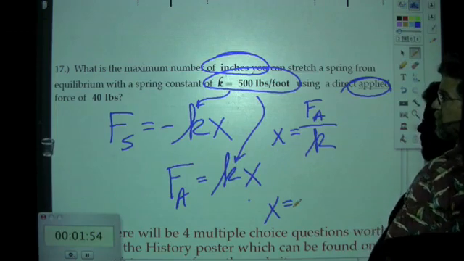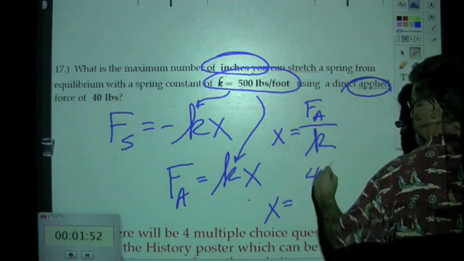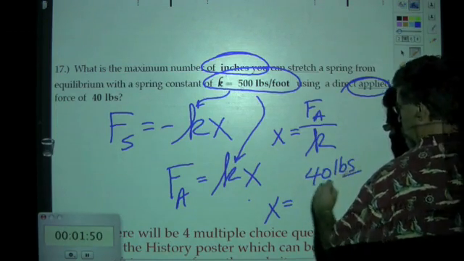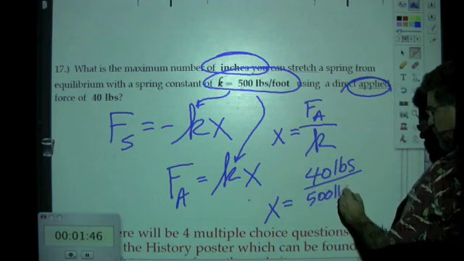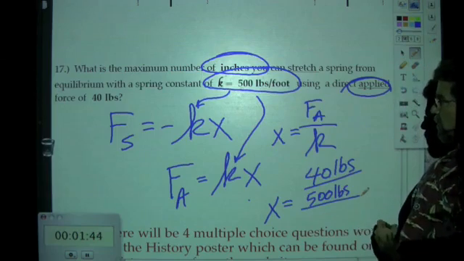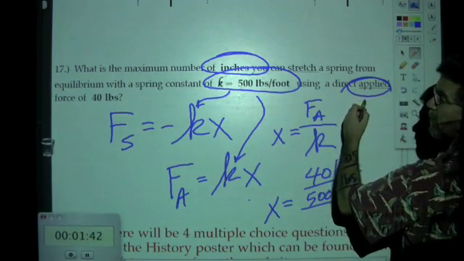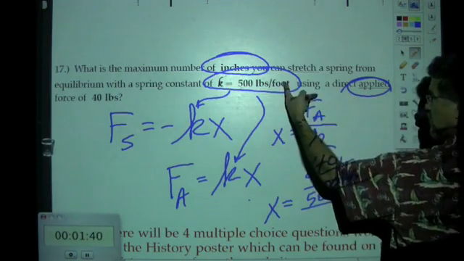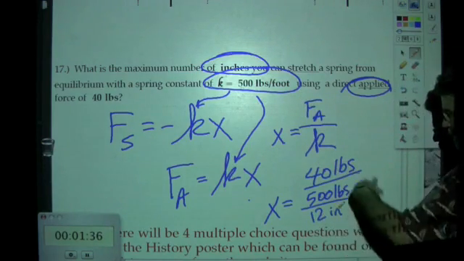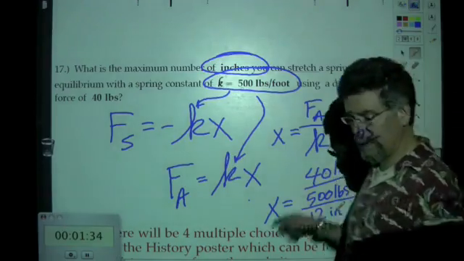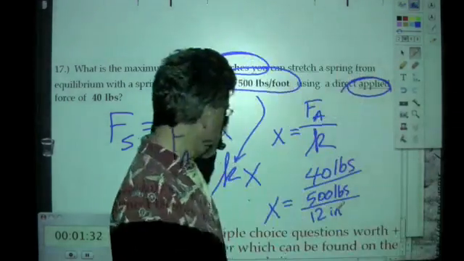Let's do it in pounds. So I have 40 pounds over my K is 500 pounds. That's going to cancel. And that's going to be over, and it says how many inches. And so let's do it in 12. That's a foot, so 12 inches. And it looks like when I do that, the inches come back up top, and I have my answer. Okay? Whatever that happens to be.